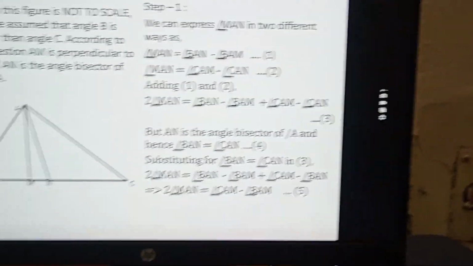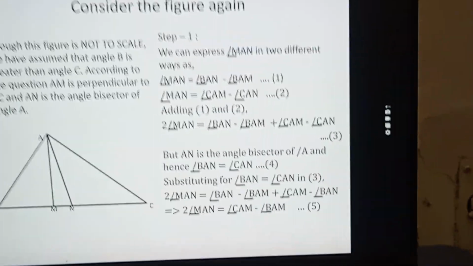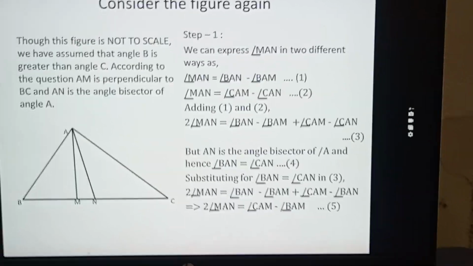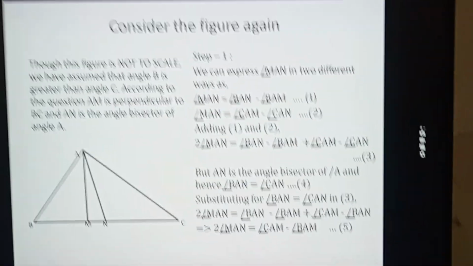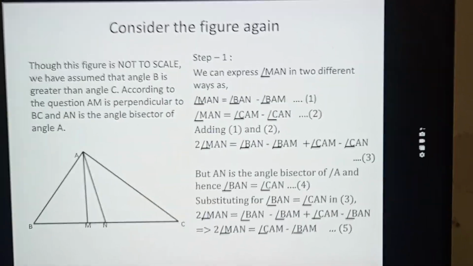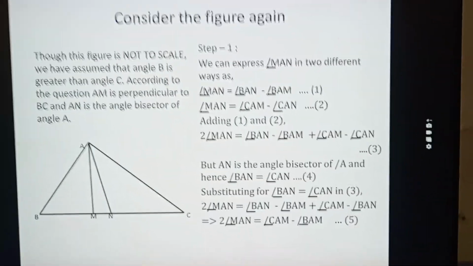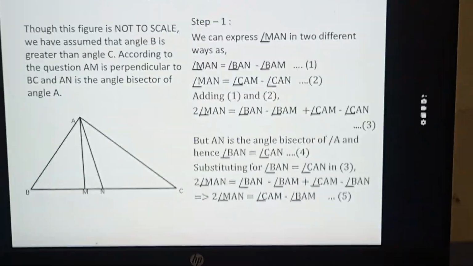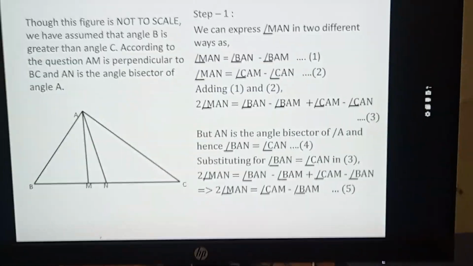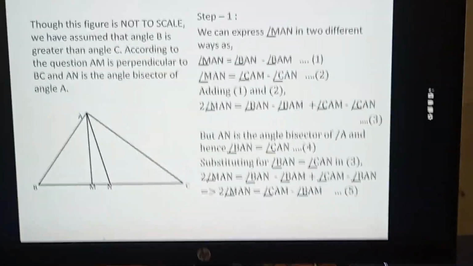We are just adding the two equations. But AN is the angle bisector of angle A. Hence, angle BAN is equal to angle CAN. After adding the two equations, we get equation number 3 there.